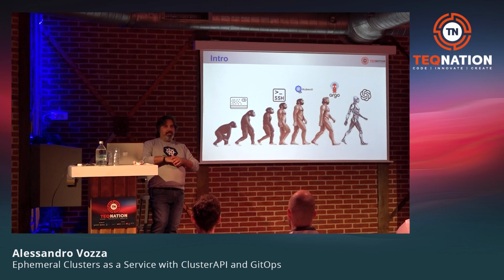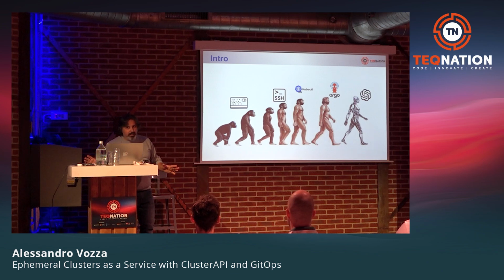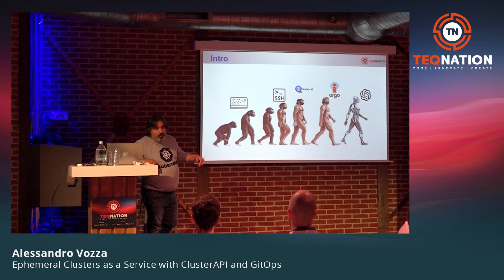OpenAI famously runs the largest cluster that I know of, at least 7,500 nodes, to train ChatGPT. And AI is helping operators like me and you to run leaner and possibly greener infrastructure on cloud native.